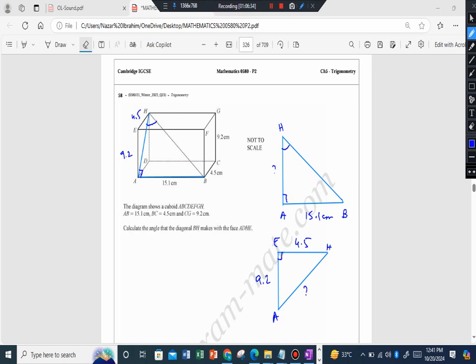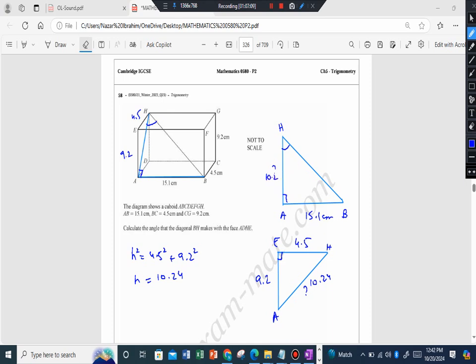Since it's a right angle triangle, applying the Pythagoras theorem, the hypotenuse is equal to 4.5 squared plus 9.2 squared, and taking its square root, I am getting the answer as 10.24. So we have got AH, that is 10.24.